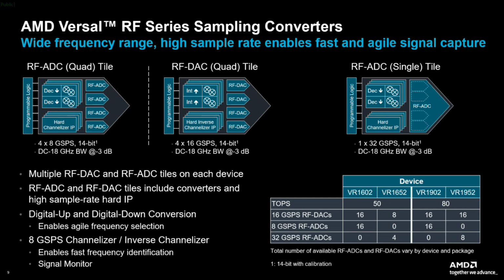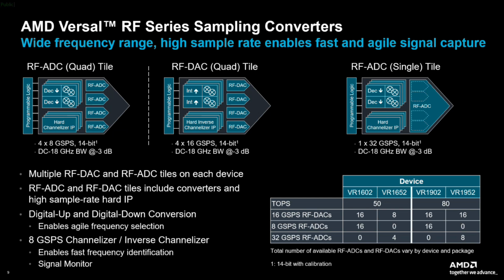We typically have the usual digital down conversion, which includes decimation and mixing. And then we run each ADC at 8 gigasample. So within this ADC tile, there are 4 ADCs running at 8 gigasample. They're 14-bit with calibration. And the bandwidth is DC to 18 gigahertz at minus 3 dB. Okay, so we do spec our bandwidth at the 3 dB point.